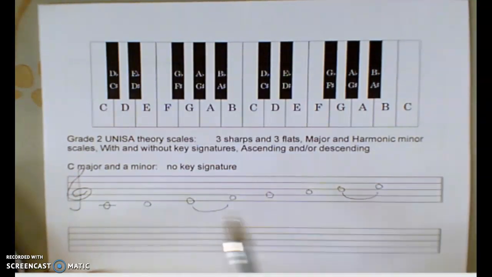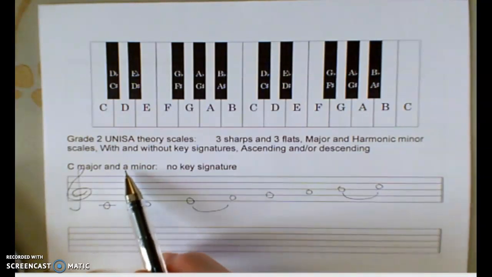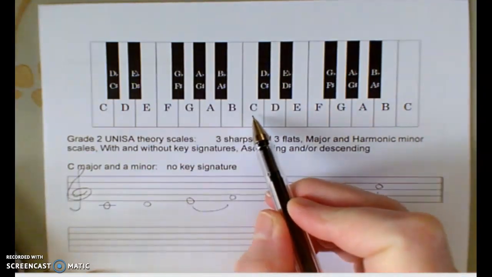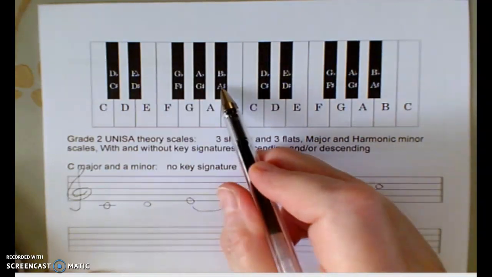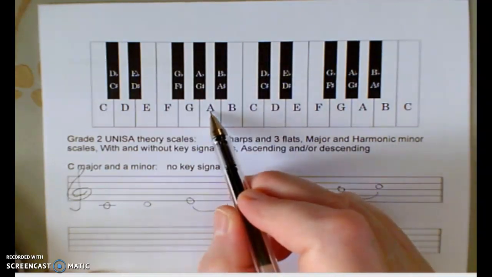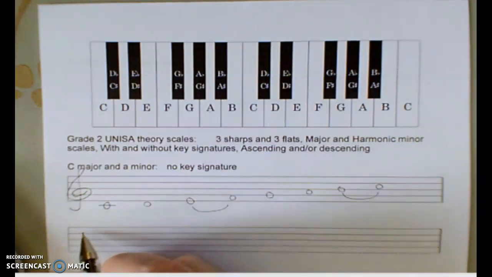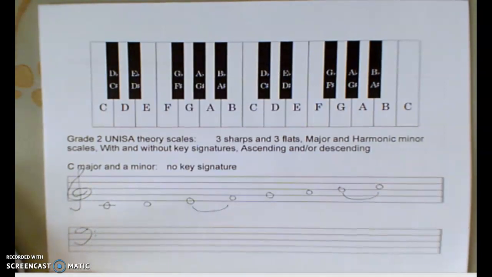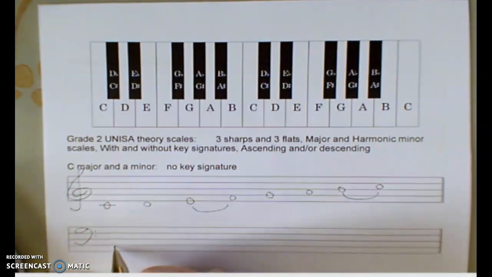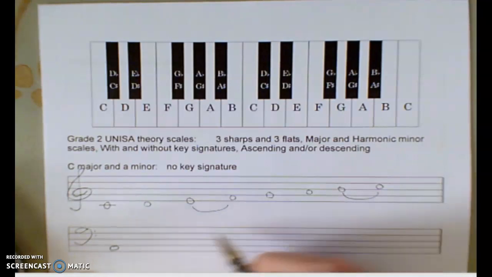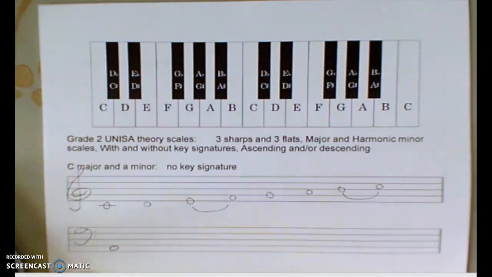Now to get to the A minor, I know that if C is there, I work 3 semitones down. 1, 2, 3. So if they now ask you to write in the treble clef, A minor, ascending and descending, I have to start with a low A, get to the high A, and end on the low A again.